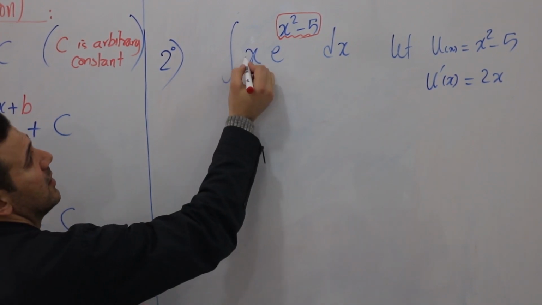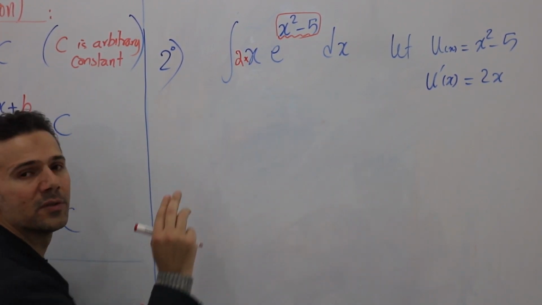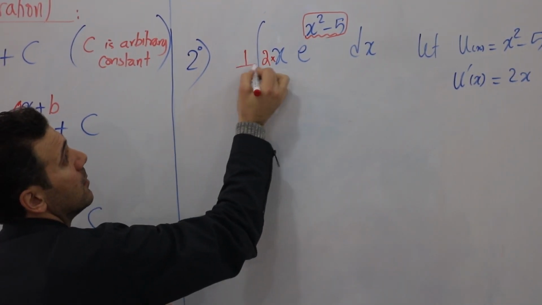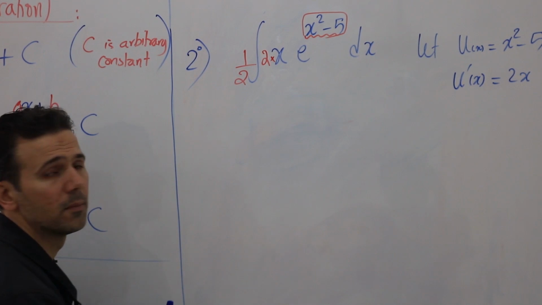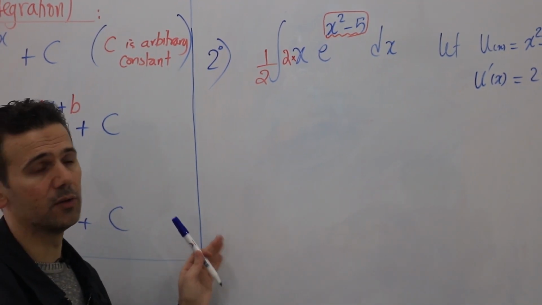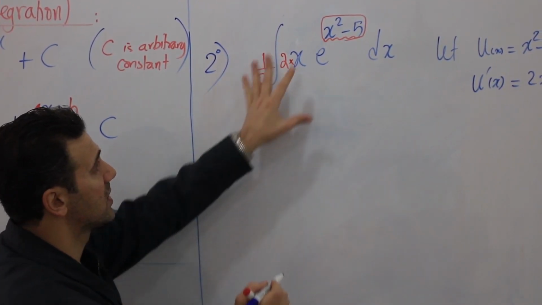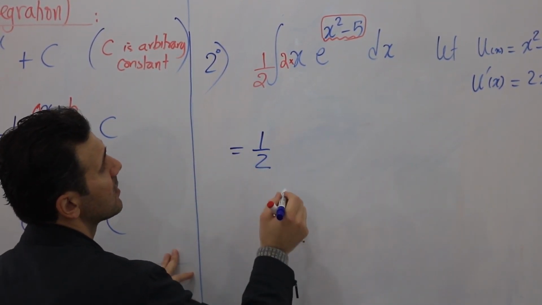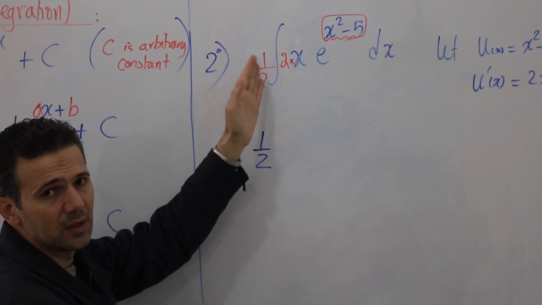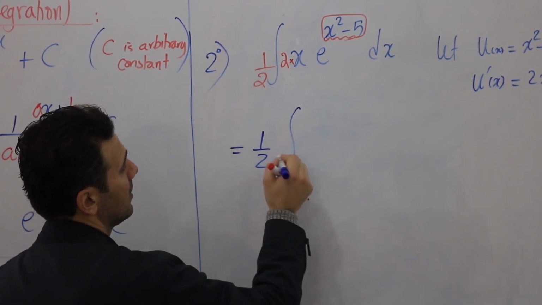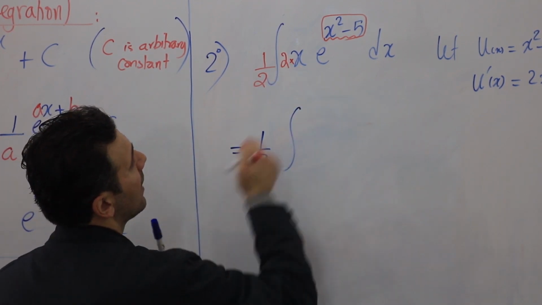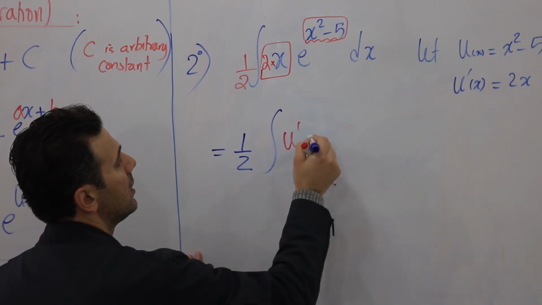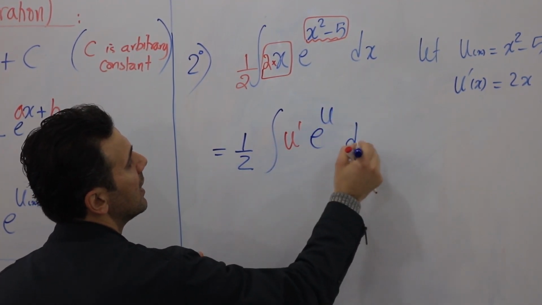We can easily multiply by 2, and in order not to change the value of the given, we should also multiply by half. By this way, we didn't change the given value. So let's change the form. Half, which is a constant, we can always multiply by a constant outside the integral. It will be 2x now, which is u prime itself, e^u dx.